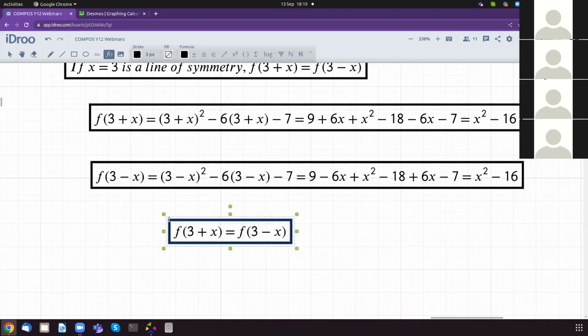It would be easier to use a different letter for x, maybe that would be less confusing. But the idea is you're making a step to the right, you're making a step to the left, and you're comparing the result, and the results are identical. Therefore, x equals 3.